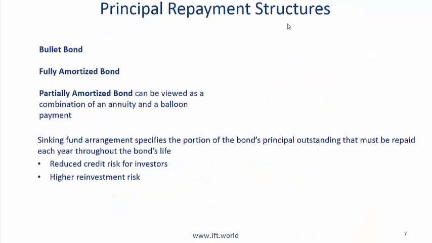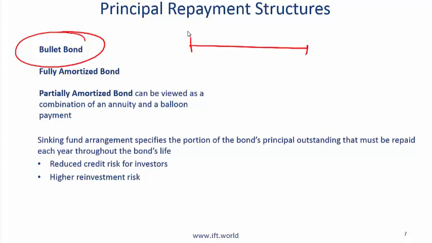Principal repayment structures. What we are talking about here is the fact that when a company issues a bond, then obviously it is borrowing money, and over time it needs to repay. And there are different ways in which the borrower repays the principal. One mechanism is called a bullet bond, where the entire principal amount is paid at the end.